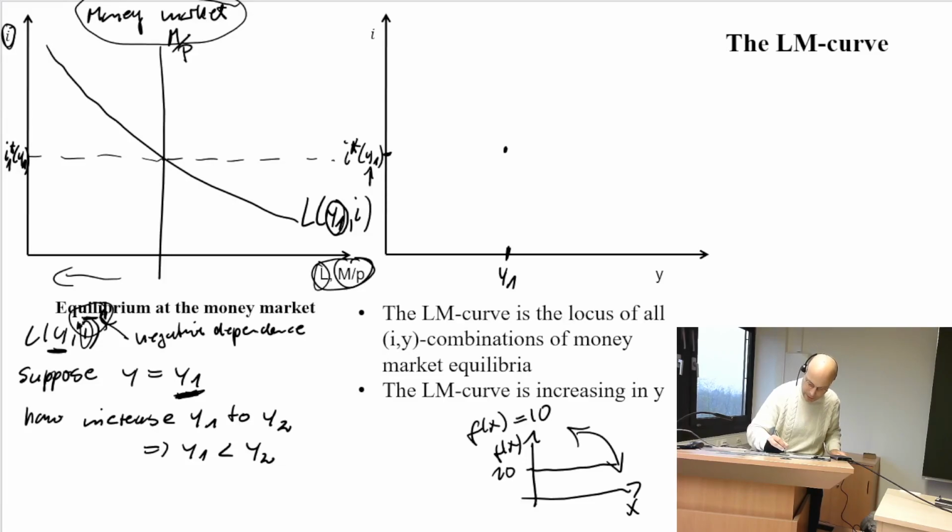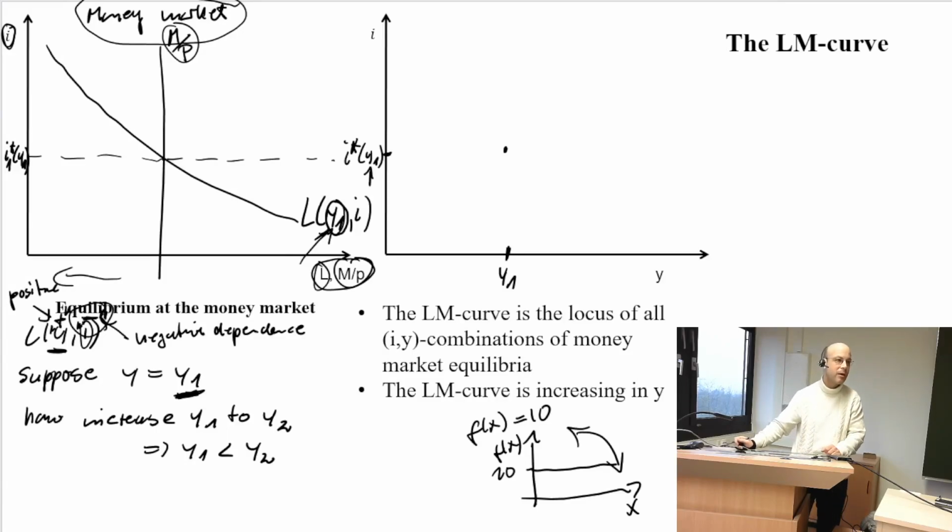Income enters only here in our money demand. Here, nothing changes. Now we have to think of what happens to our money demand if income is increasing. And there we remember that we have a positive dependence of money demand on income.